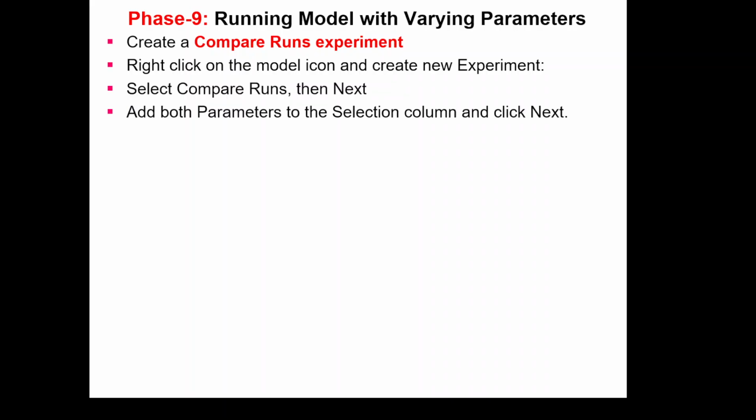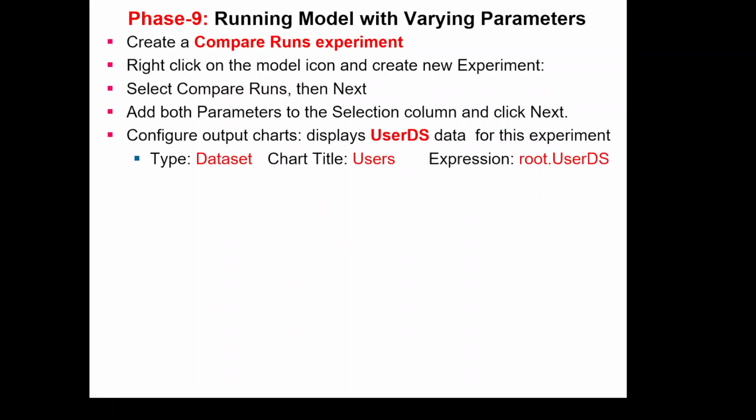Then we will use the compare runs experiment, which is a built-in AnyLogic experiment, and create a new experiment, add the parameters, and display the data which we have already stored in the data set.